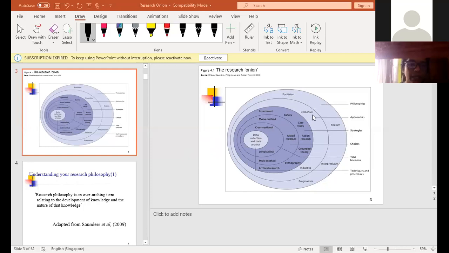So in your view, what is the philosophy that is practiced here? Is it positivism, realism, interpretivism, pragmatism? I explained all 4 different philosophies. Which one is it?